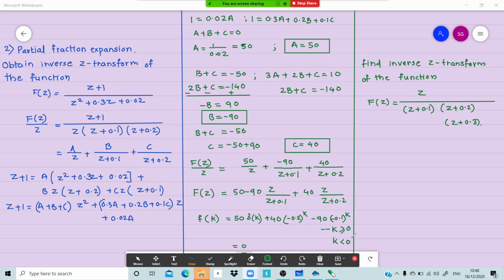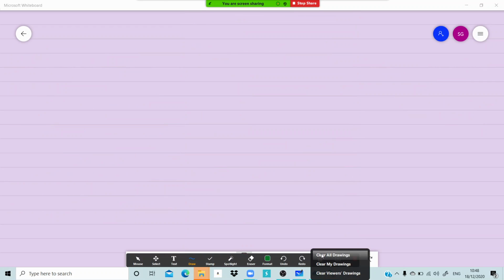Okay, so let me save this. I'll clear. Now I think the point was seventh one for inverse Z transform. Now eighth one, that is difference equation.